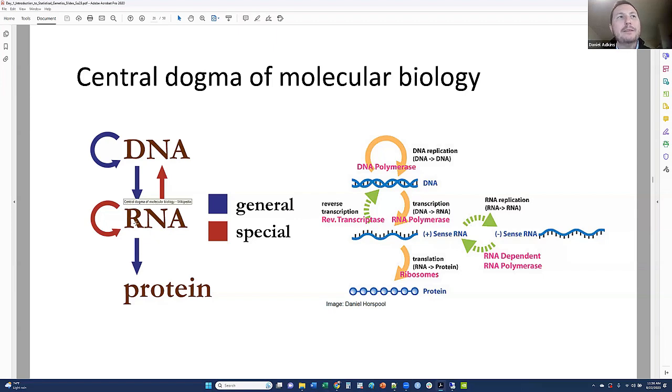Now, in some cases, typically with viral organisms, RNA can be self-replicating, and RNA can in some cases create DNA. But these are very much exceptions to the rule, particularly in higher order eukaryotic organisms. For us, like humans and similar animals, the blue arrows describe the flow of information.